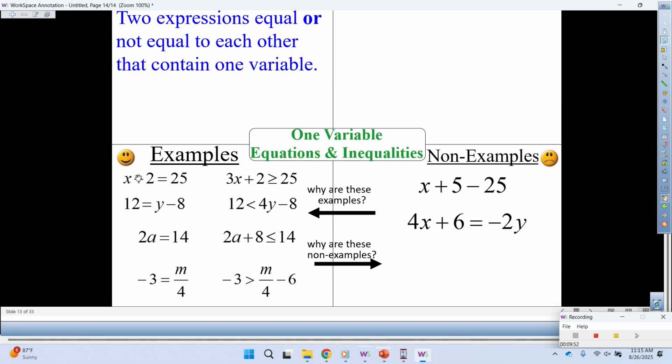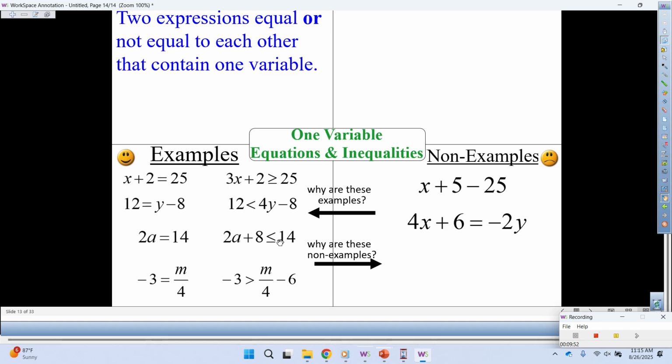Examples. Here's one: x plus 2 equals 25. Here's an inequality, 3x plus 2 greater than or equal to 25. Another equation, 12 equals y minus 8. Inequality, 12 less than 4y minus 8. Equation, 2x equals 14.